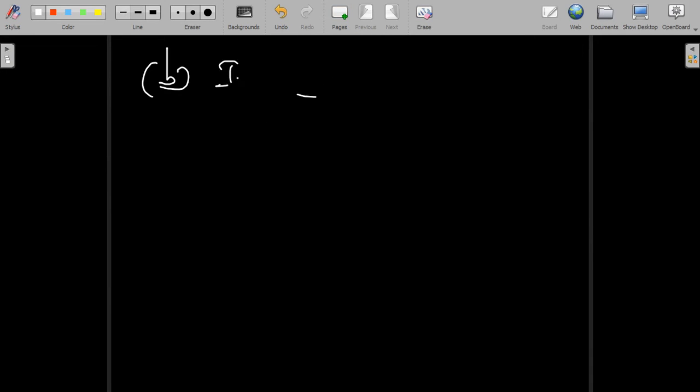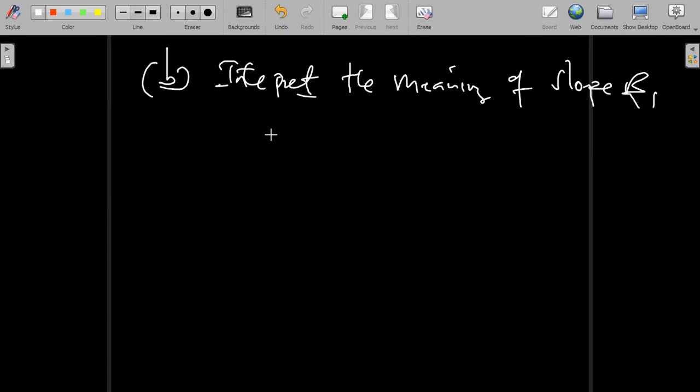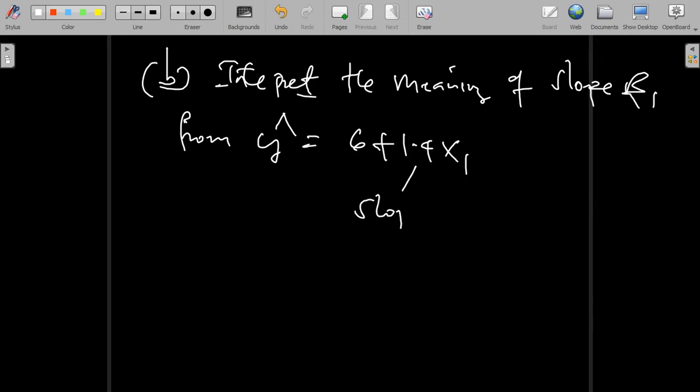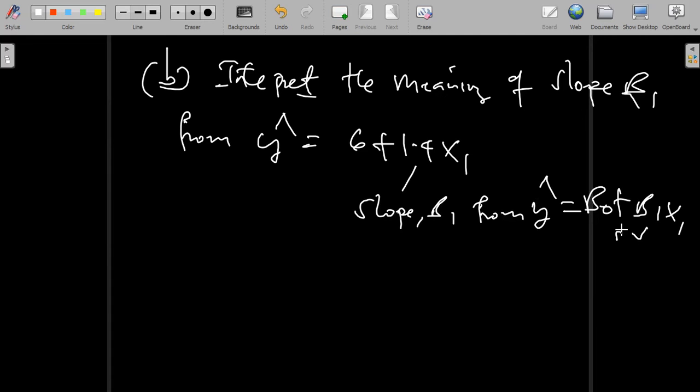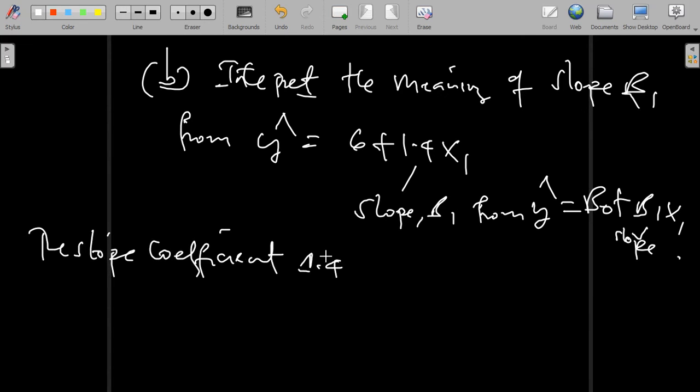For part B, we are required to interpret the slope coefficient, the meaning of beta 1, that is 1.4 in our regression model. We have y estimated is equal to beta naught plus beta 1x1, that is 6 plus 1.4x1.